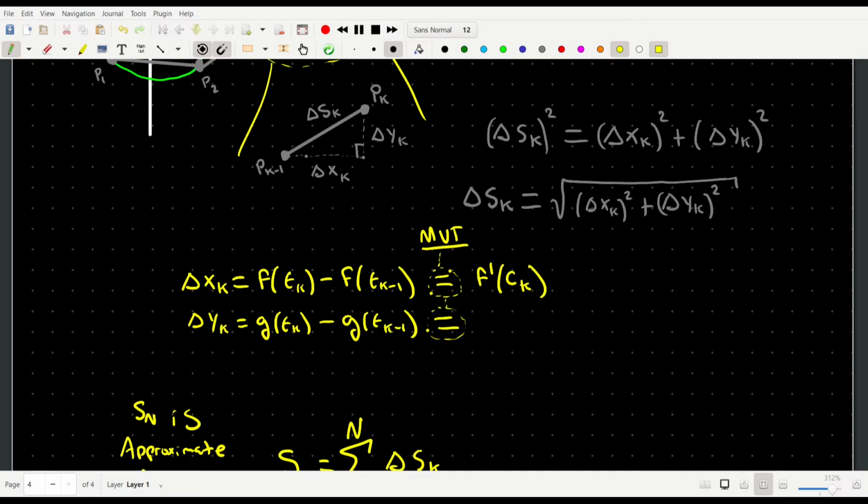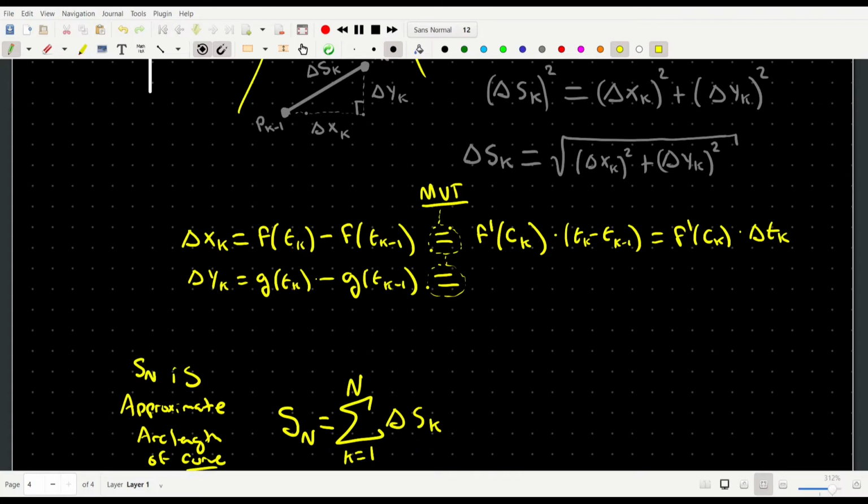I'll call this point ck for f, times the distance of the total interval, tk minus tk minus 1, so f prime of ck times delta tk.